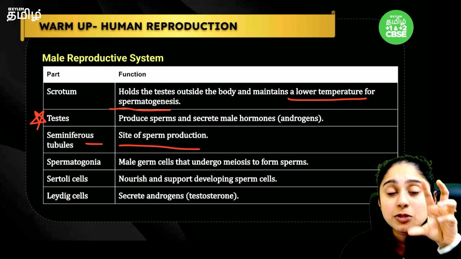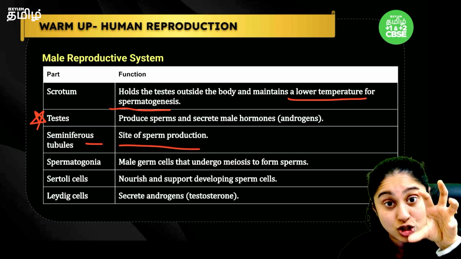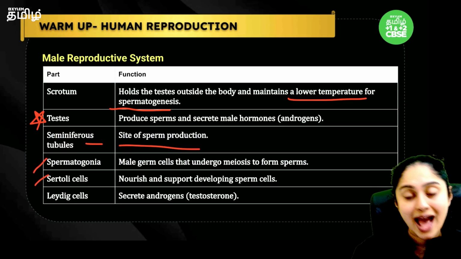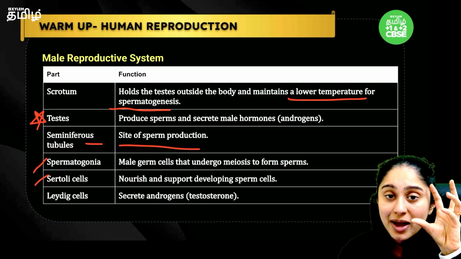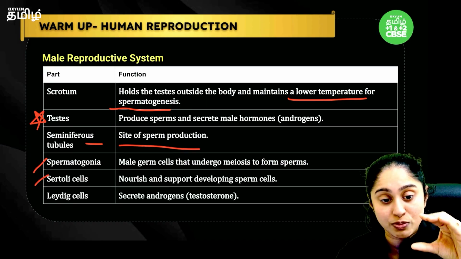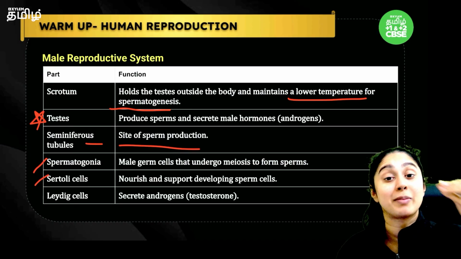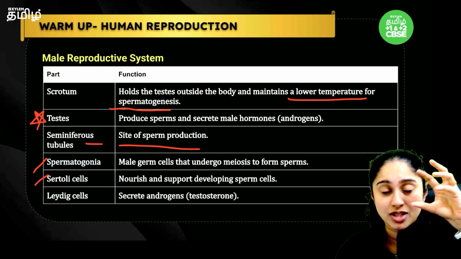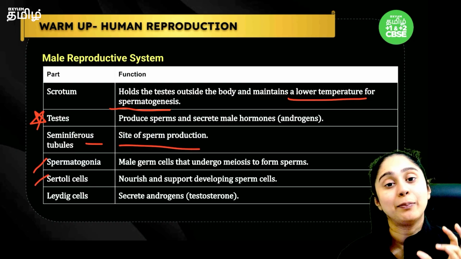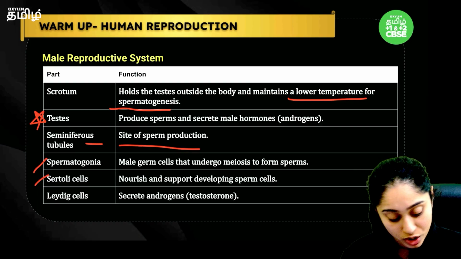Now the seminiferous tubule has importantly 2 kinds of cells, the spermatogonia and the Sertoli cells. The spermatogonia is the main cell inside the seminiferous tubule where the process of spermatogenesis happens. This is the main cell that will divide, undergo meiosis and produce our haploid gametes, the sperms.